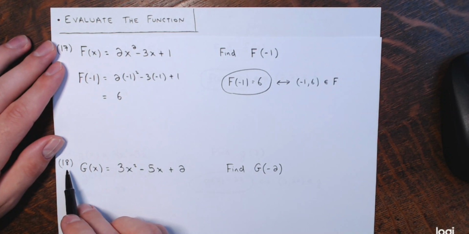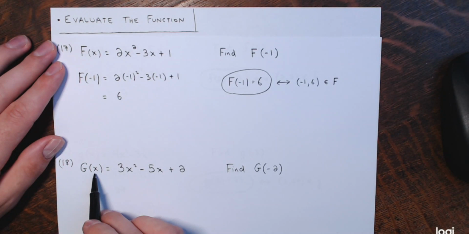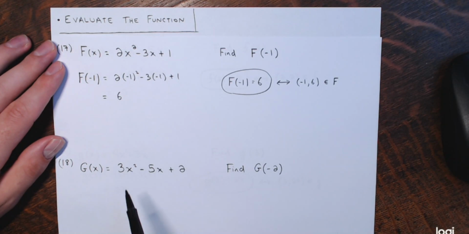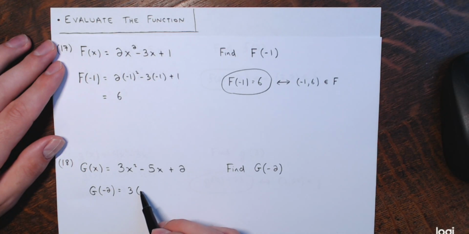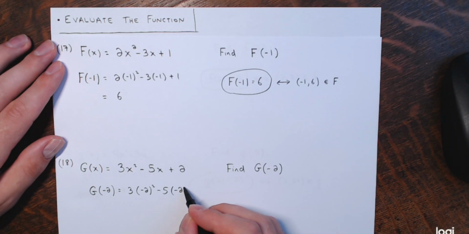Number 18. We have a function called capital G of x, and the input's called x. Output's capital G of x equals 3x squared minus 5x plus 2. And we're asked to find the value of capital G at an input of -2. So that'd be 3 times -2 squared minus 5 times -2 plus 2.